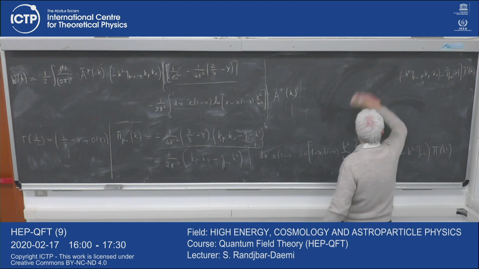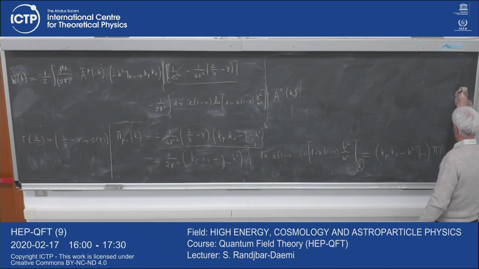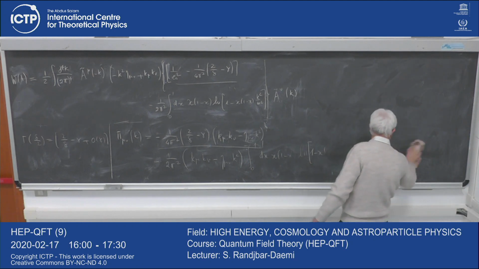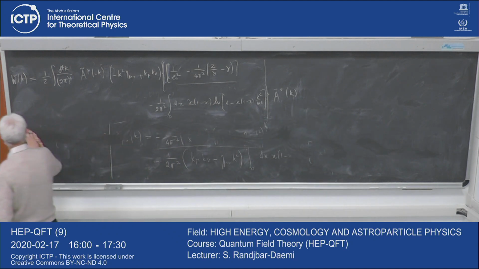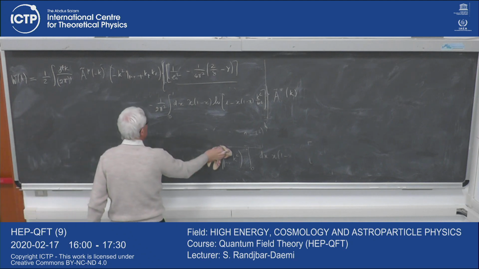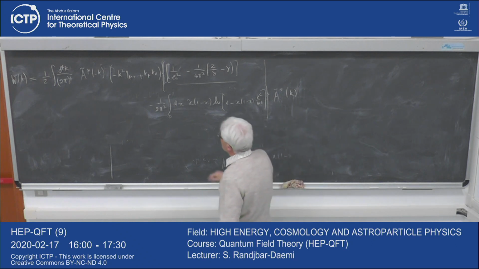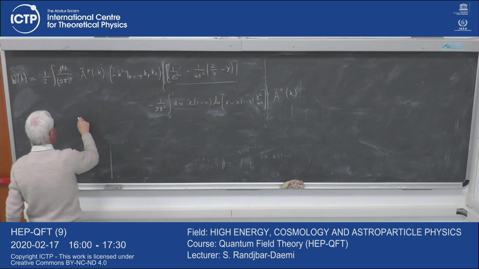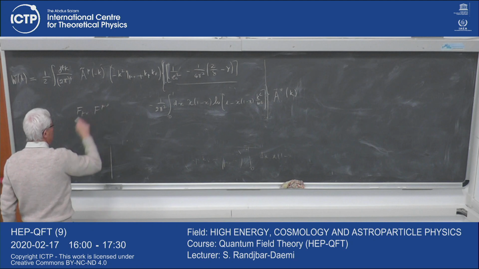Okay, so what are we going to do with the singular piece? You should be able to guess it because we have seen similar things before when we were discussing the scalar field, when we were doing the coupling constant or wave function renormalization. The point is that we know that this tensor sandwiched between two A's will give you, in the x space, just F mu nu squared.